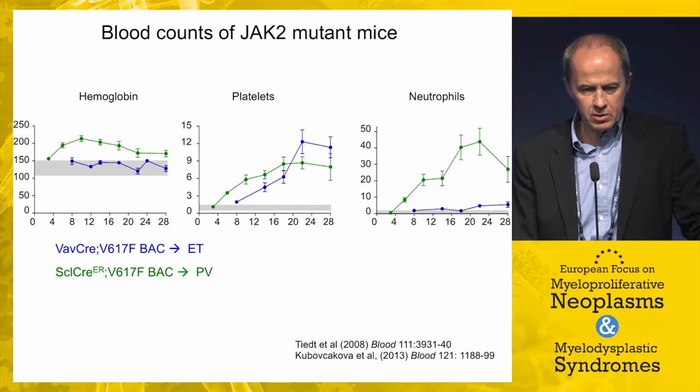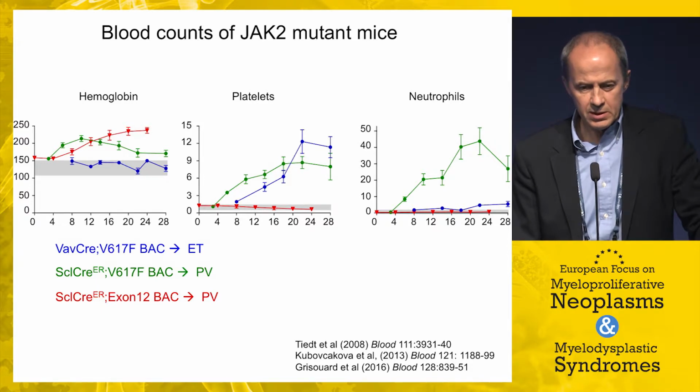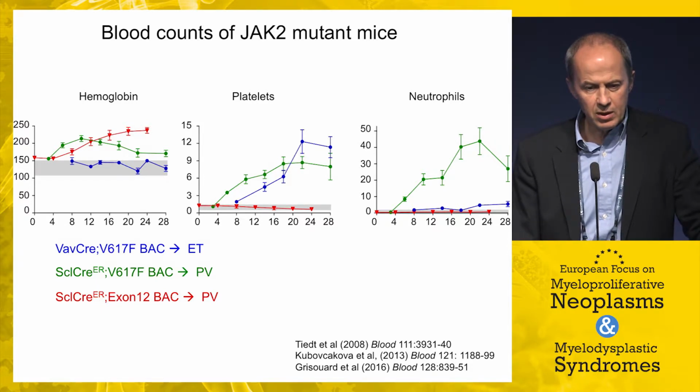Also neutrophils go up. And here for comparison is the exon 12 mutant, which has very high hemoglobin levels but normal platelets. And this type of phenotype is not linked to expression levels, but rather the exon 12 mutant seems to be qualitatively different from the V617F.